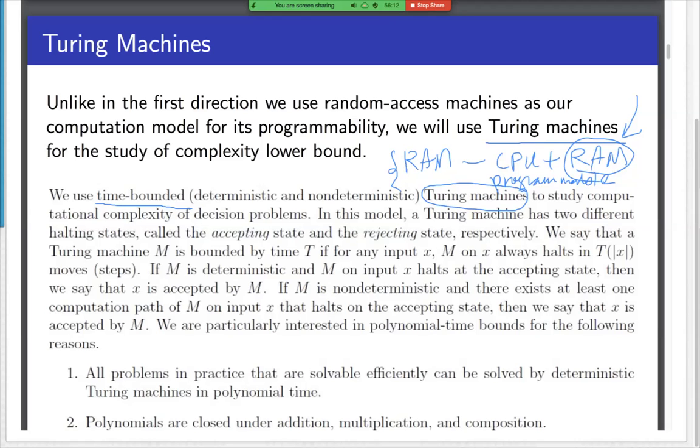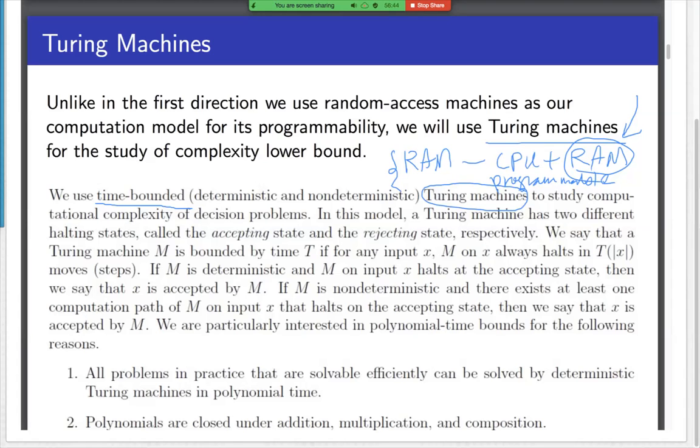This is called the time-bounded computation. If you run this Turing machine on an input, it will always halt. Once this time is exceeded, you stop. When you stop, if you end up in the accept state, you accept the string, otherwise you reject it.